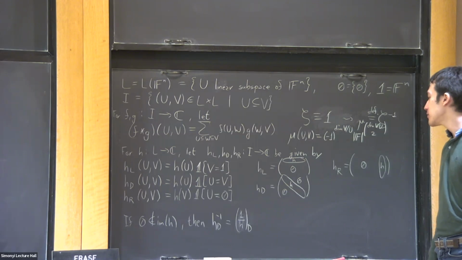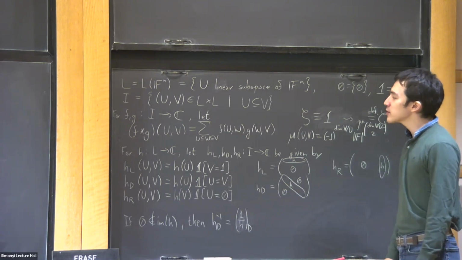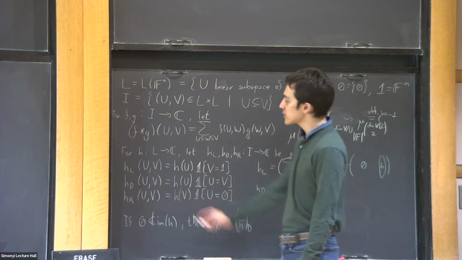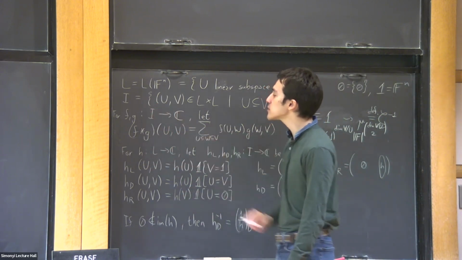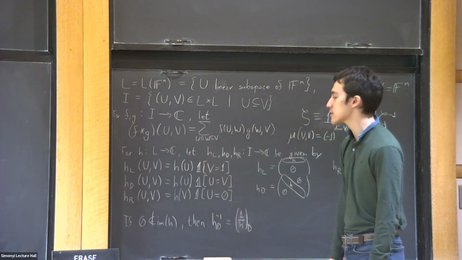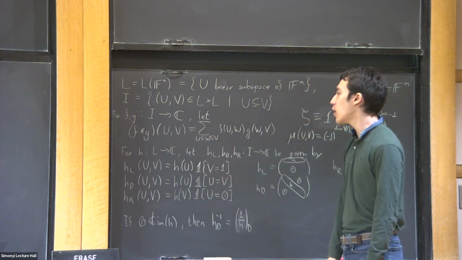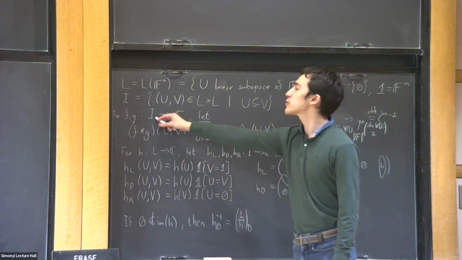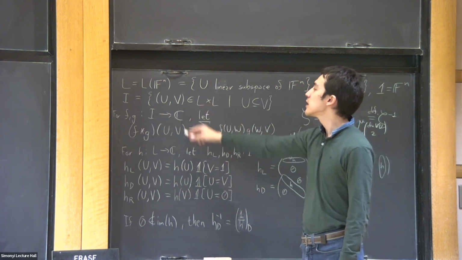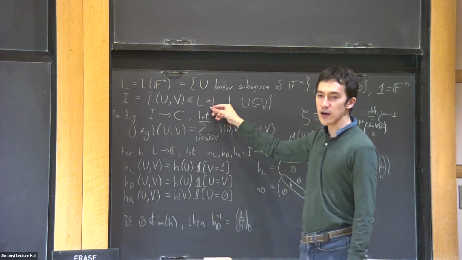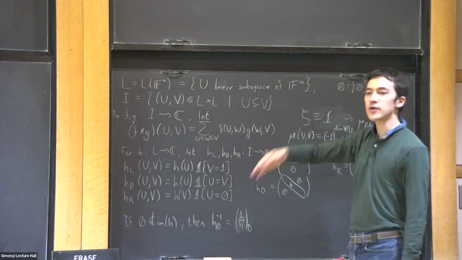Now, it will also be convenient to have some standard ways of turning functions from L to C into functions from intervals to C. There are 3 ways that I will care about. I should also say a function from I to C, you can think of as very particular matrices, because (U,V) is in L cross L, but they're just upper triangular matrices.